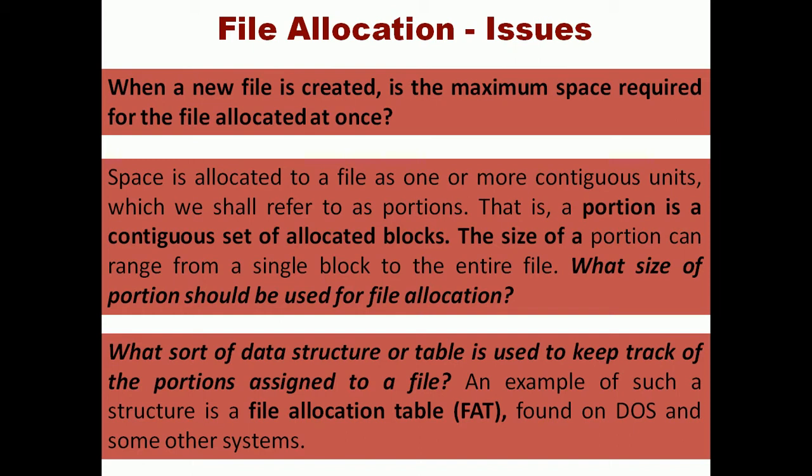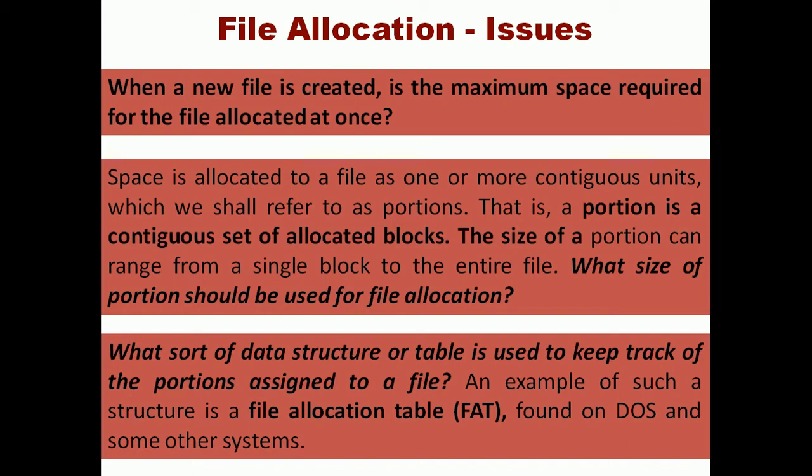So I will repeat the issues once again. When a new file is created, the size also has to be specified: is the maximum space required for the file allocated at once, so that the entire space is allocated to store the file or not? That is the first issue.